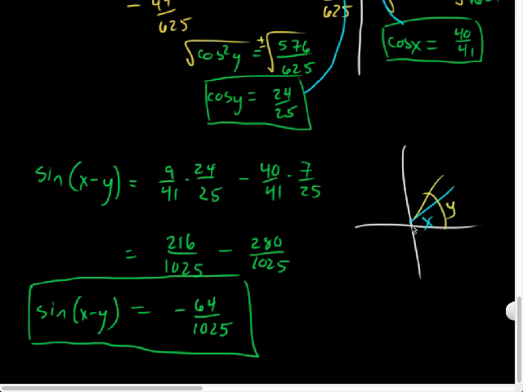Yeah, I would have the difference. It would be this amount, but it would be down here, right? This would be angle x minus y. So quadrant 4, right? Sine is positive here and here, and negative here and here. I would expect this to be negative. So it does, in fact, make sense. It does work out. Okay?